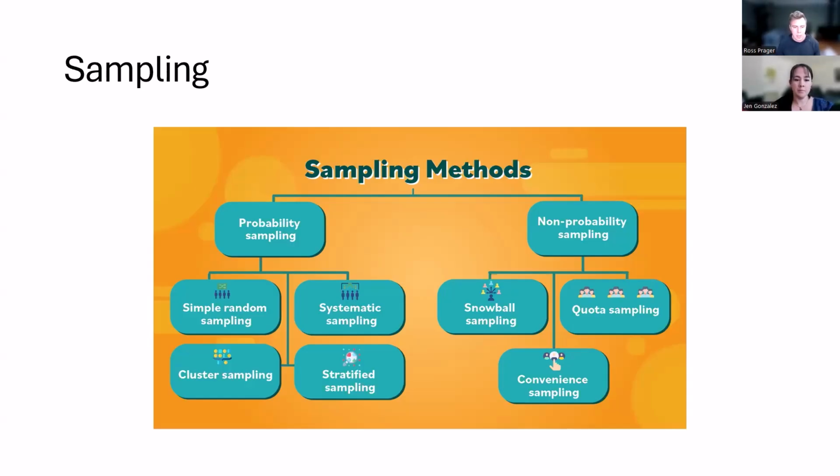There's probability sampling and non-probability sampling. So non-probability sampling essentially means that different individuals in the population you're going after actually have different chances of being chosen.